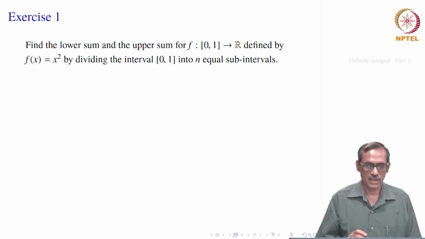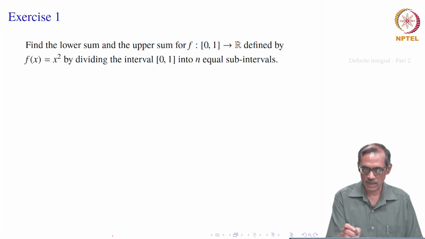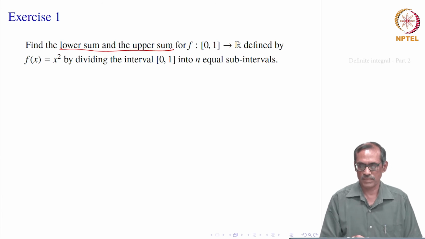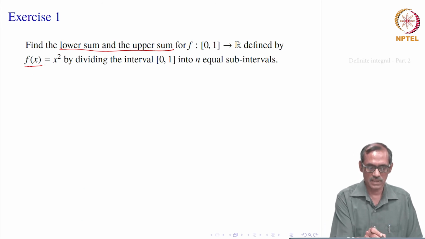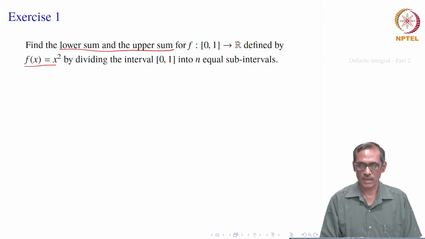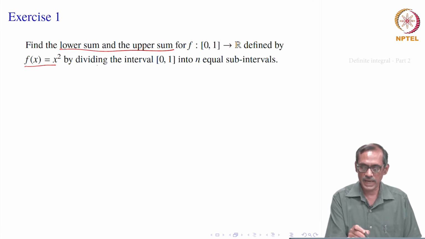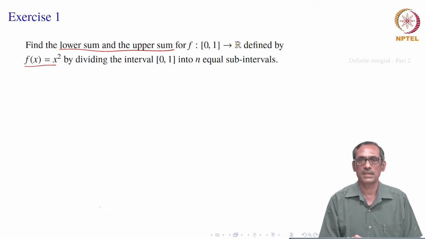Let us take another problem to check whether we are really computing nicely or not. Here it is asked to find the lower sum and the upper sum for the function f defined on the closed interval [0, 1]. What is the function? It is x square. We want to find the lower sum and upper sum by dividing this interval [0, 1] into n equal subintervals.